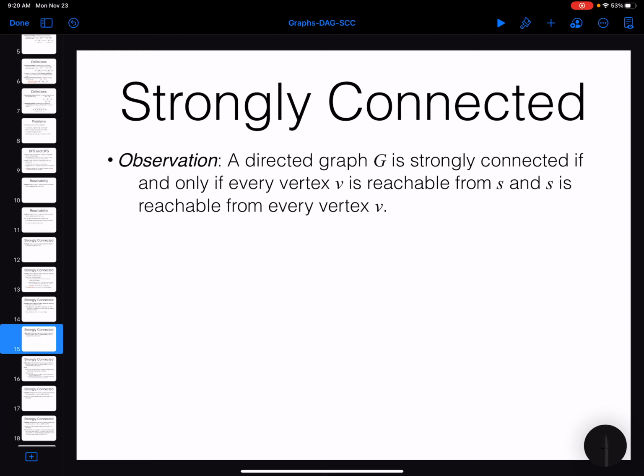One observation that helped me a lot to find a more efficient algorithm is this: if you have a directed graph and the graph is strongly connected, then for any node that you take, let's call it S, there is a path to all other nodes.